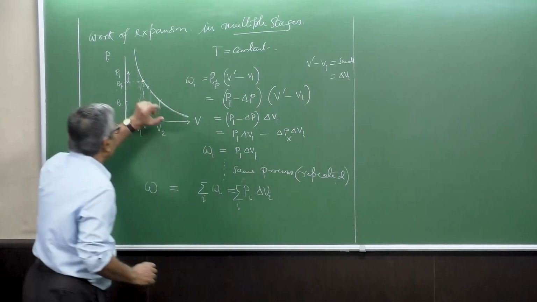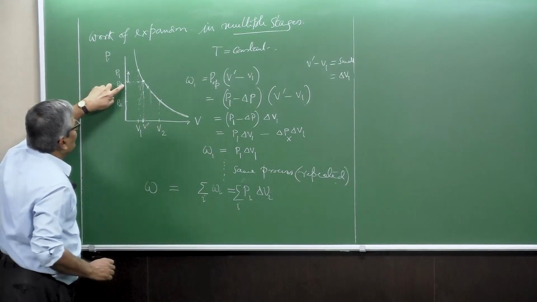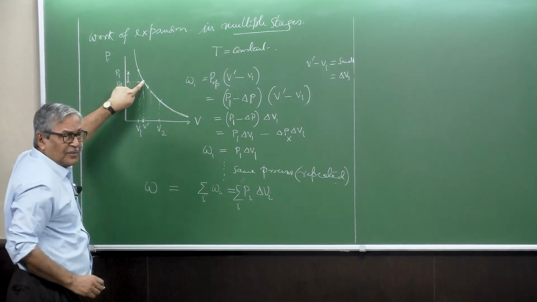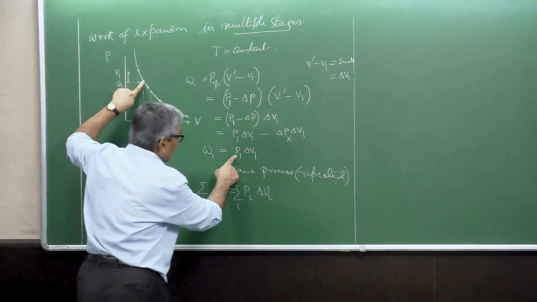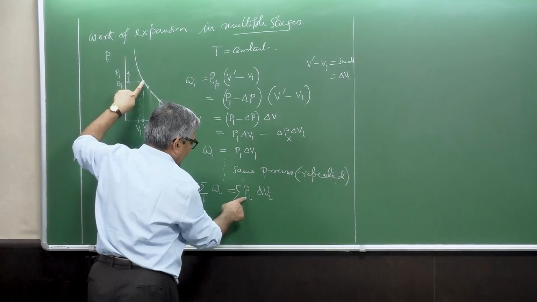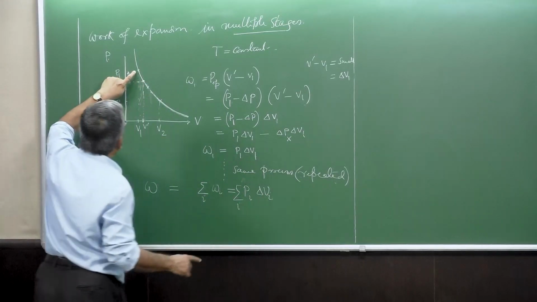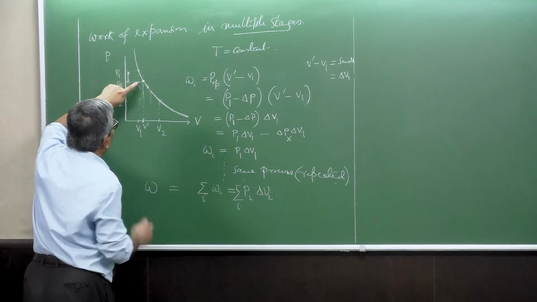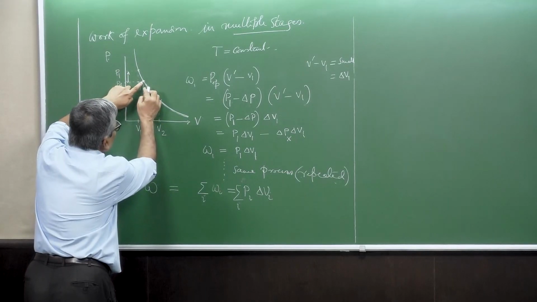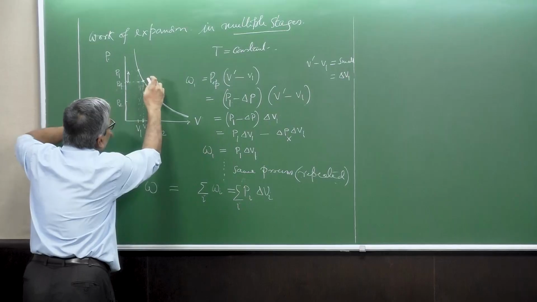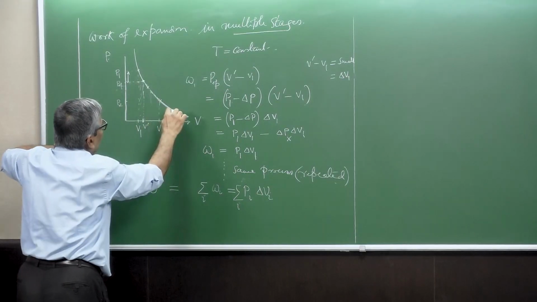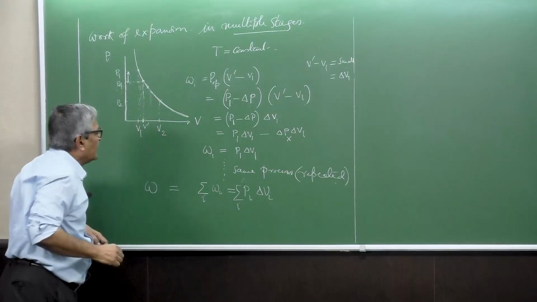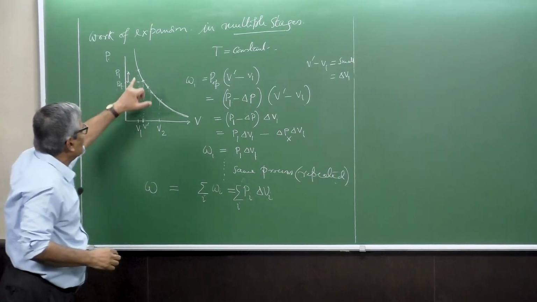Now the most characteristic thing is that I have chosen this P opposing to again be a pressure which is basically the equilibrium pressure. So this is P1 times the delta V1 change. Next comes another P times delta V, and that P again corresponds to an equilibrium point on this curve.